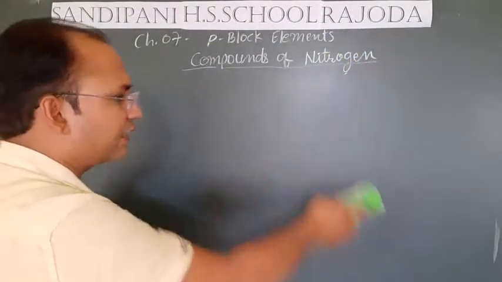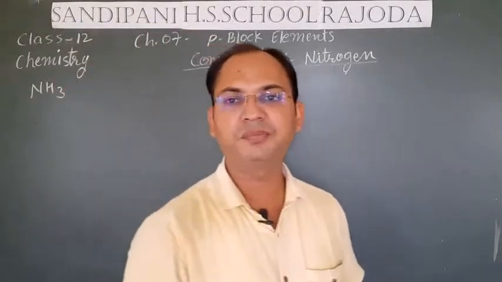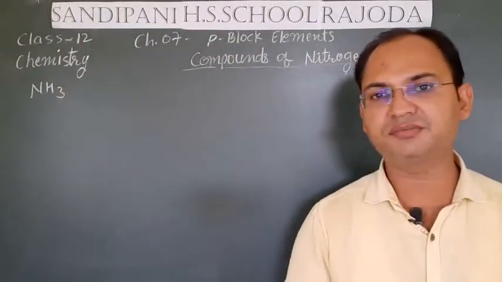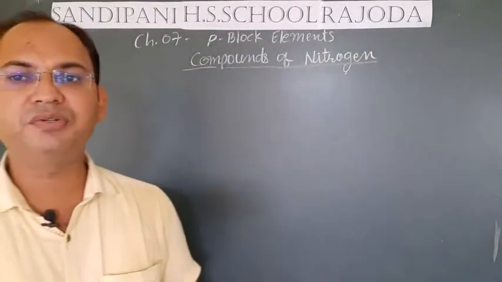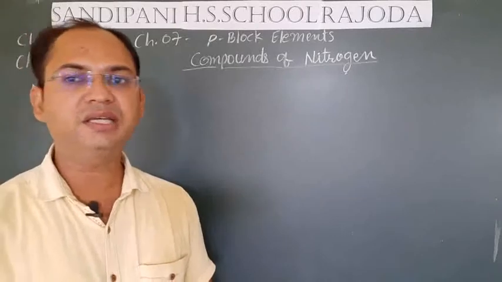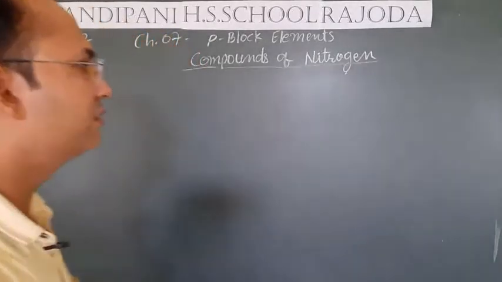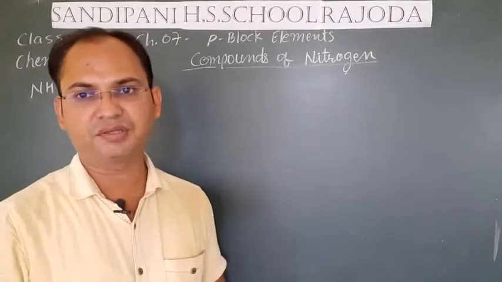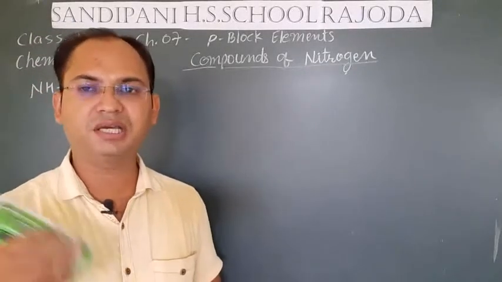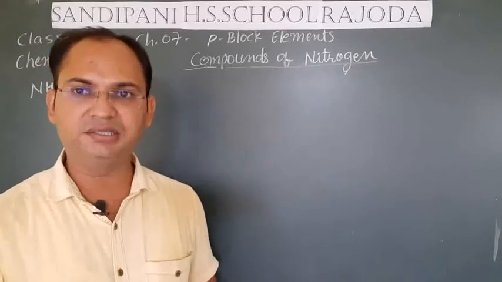Now these are the industrial scale methods, but if you want to prepare the ammonia in laboratories, then how can we do this? In order to prepare the ammonia in laboratories, we can react ammonium salts with alkalis, by reacting an ammonium salt just like ammonium chloride with alkalis.